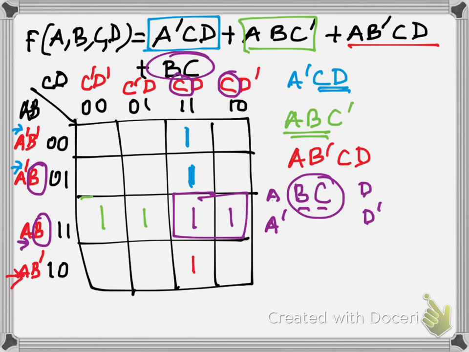Okay, so we have taken A with BC and D, A with BC and D dash. Now we take A dash. So where is A dash with B? A dash with B is this one, and this. Okay, and where is C? C is here and here. Okay, so now we will put 1s in these. So the 1s are already there in most of it. So we will put the remaining one here. So what I get is this Karnaugh map.